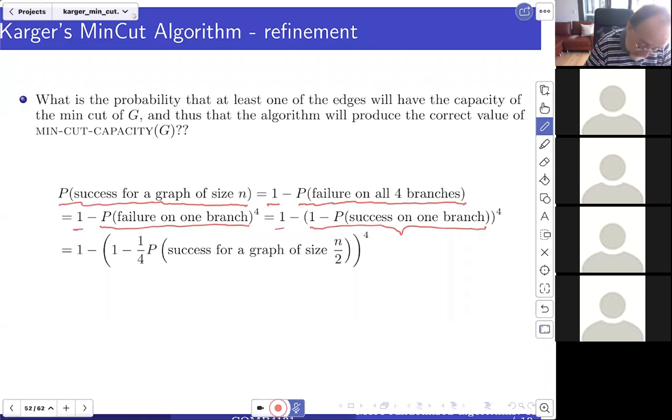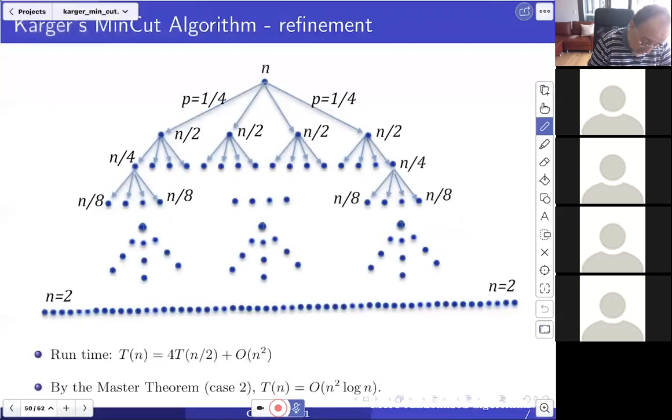Well, in order to succeed on 1 branch, you have to succeed in doing the partial contraction, right? So let's see in the previous plot. In order to succeed on this branch, what has to happen is you have to survive getting to this point without injuring the cat.